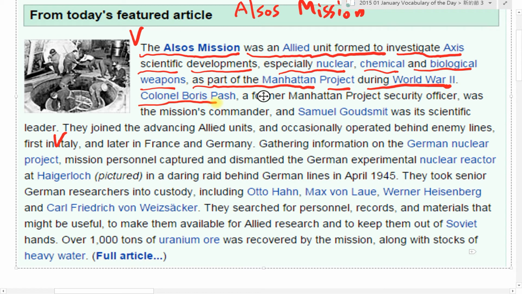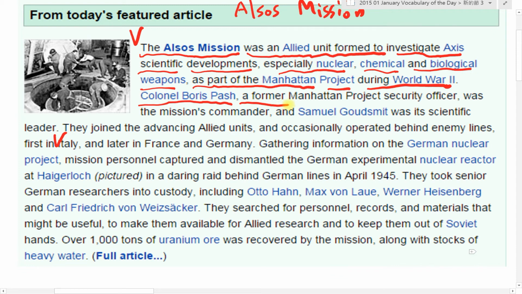Colonel Boris Pash, a former Manhattan Project security officer, was the mission's commander, and Samuel Goudsmit was its scientific leader.